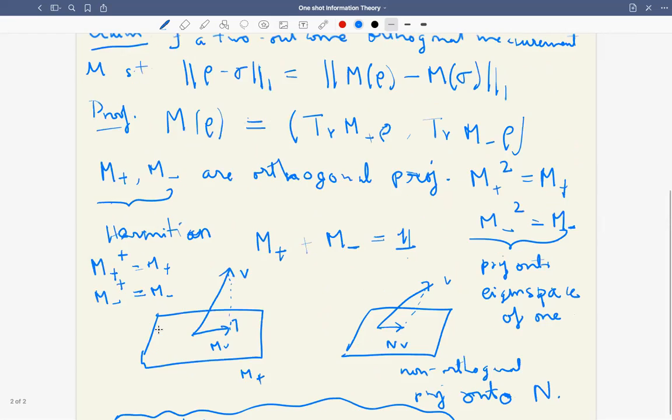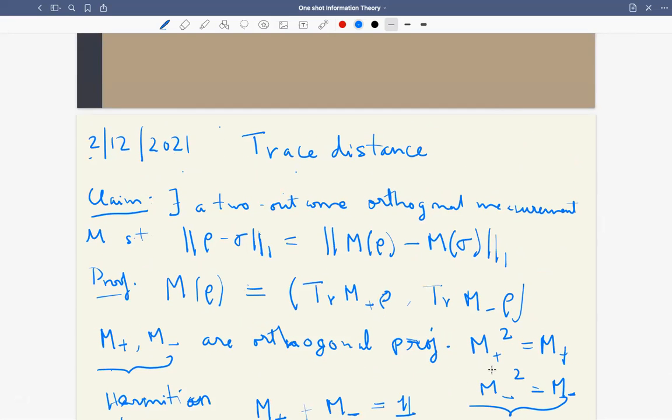So I claim that I can in fact come up with a two outcome orthogonal measurement satisfying this. Two outcome basically means m of rho will look like this, and m of sigma, of course, the same thing: trace of m plus sigma, trace of m minus sigma.